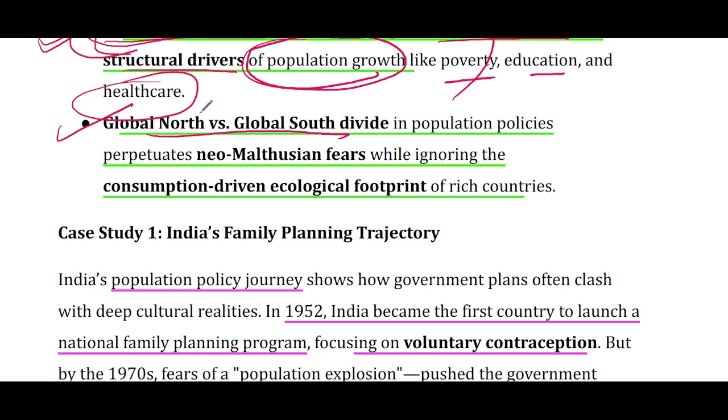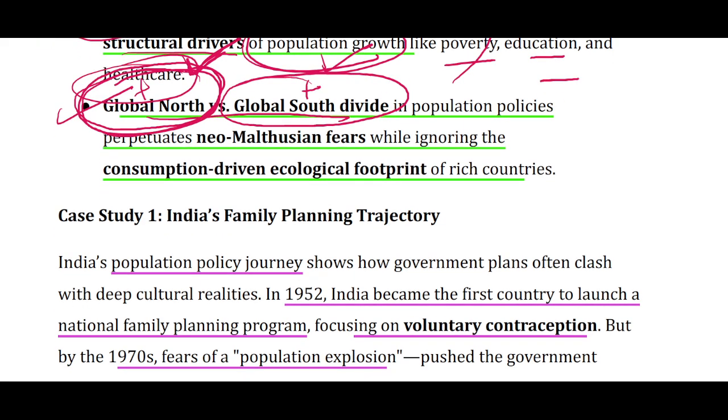So it is generally assumed that global north is the place of rich and educated people, whereas global south is a land of uneducated people who need population policies. ऐसा माना जाता है कि global north, they have already understood all the parameters and they have kept it to themselves, whereas global south must control its population.